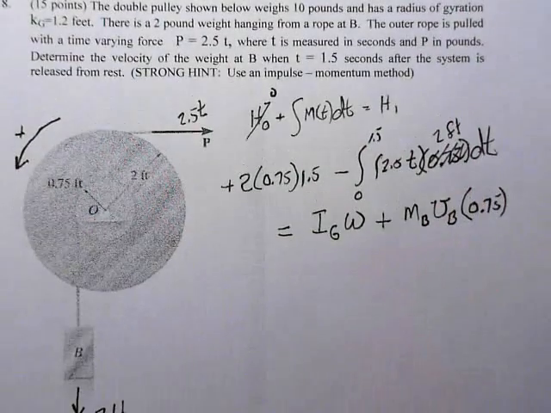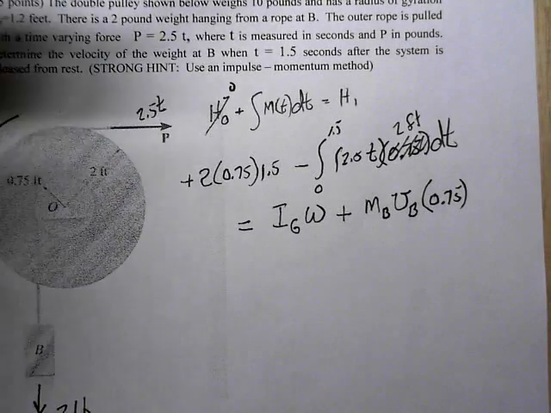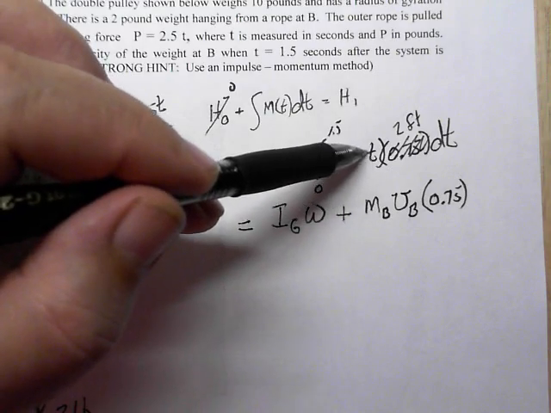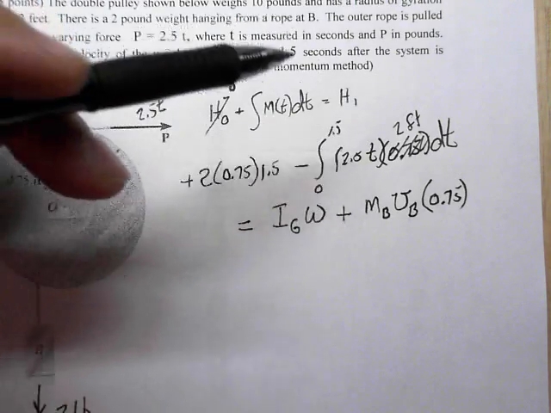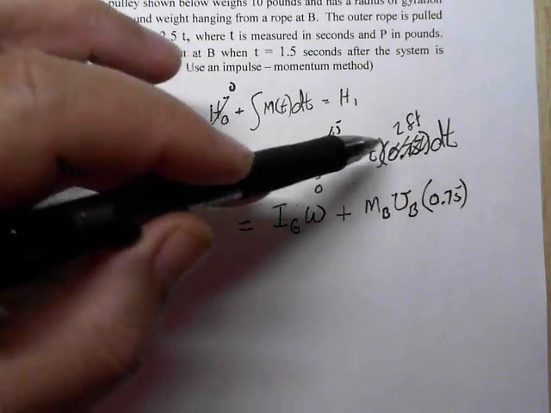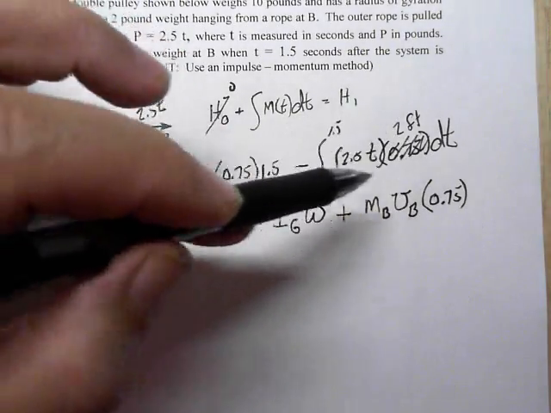2 feet given here. Okay, let's assess and see where we stand. We are going to have to integrate this constant times t, which is going to become a t squared over 2 type term. Nothing unknown there.